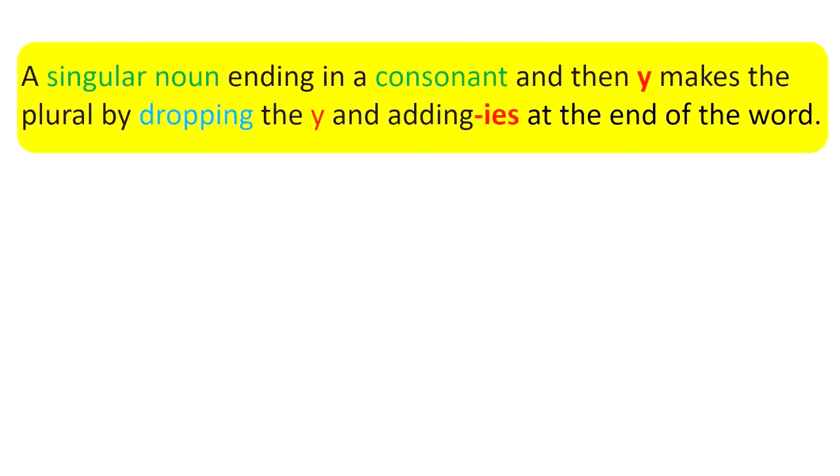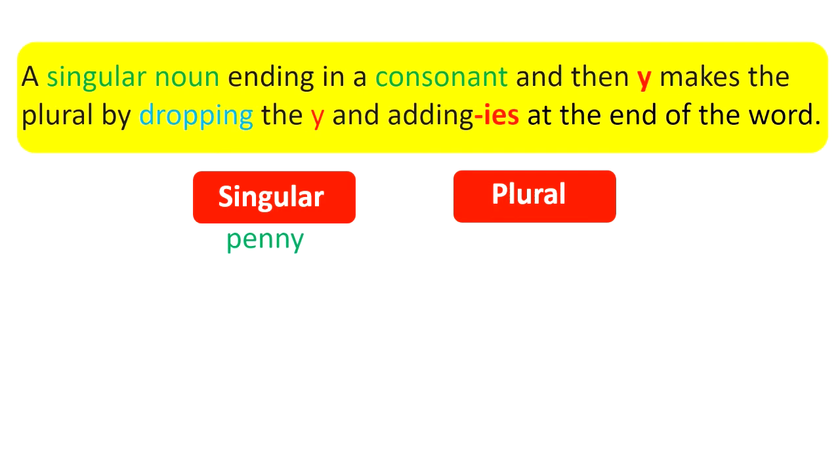A singular noun ending in a consonant and then y makes the plural by dropping the y and adding ies at the end of the word. Let us know this with examples. Penny. The plural of penny is pennies. Spy, spies.